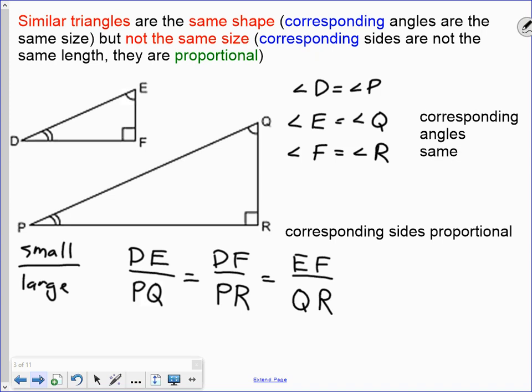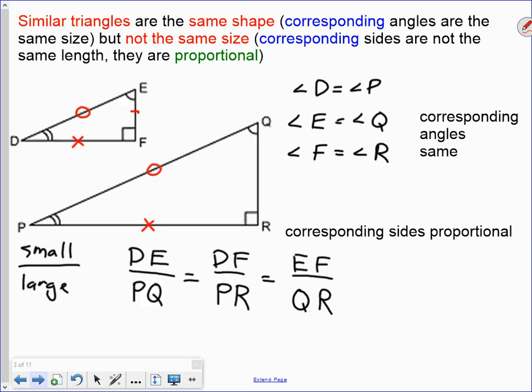in our large triangle. So this is the key skill of working with similar triangles, being able to figure out what the corresponding sides are. We know that DE and PQ are corresponding sides because DE goes from the angle with two arcs to the angle with one. Same thing for PQ. Similarly, side DF and side PR are corresponding because they go from the two-arc angle to the right angle.